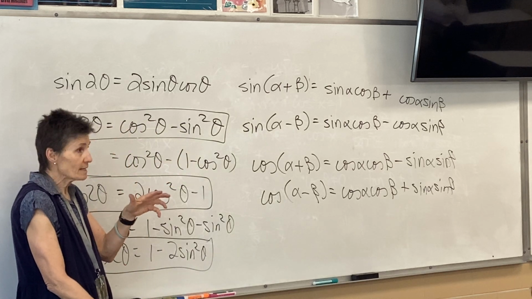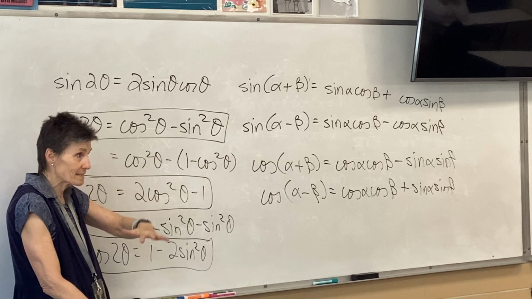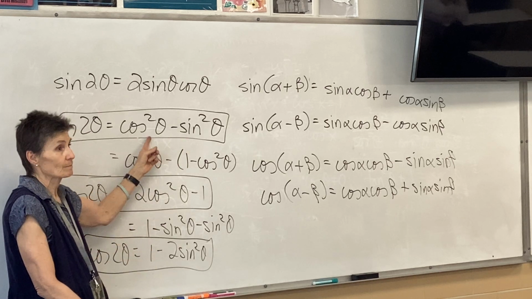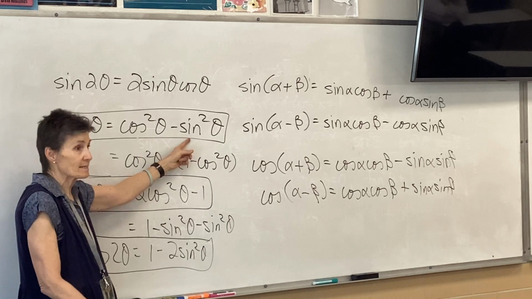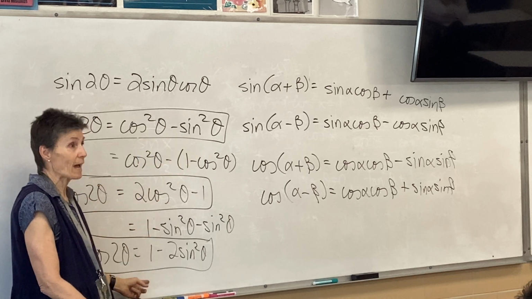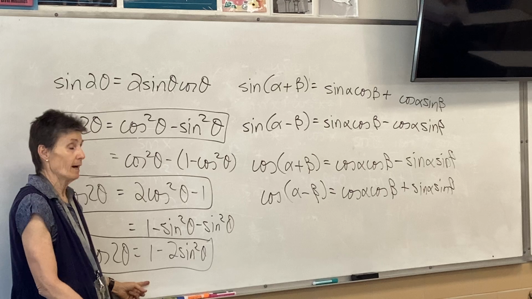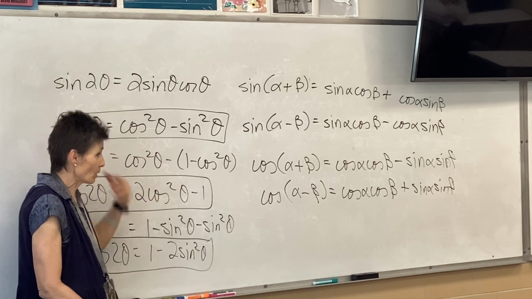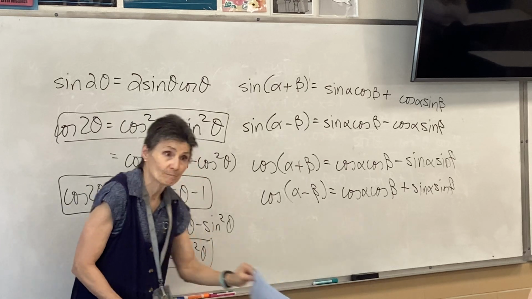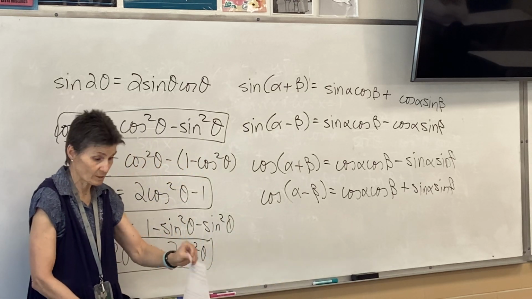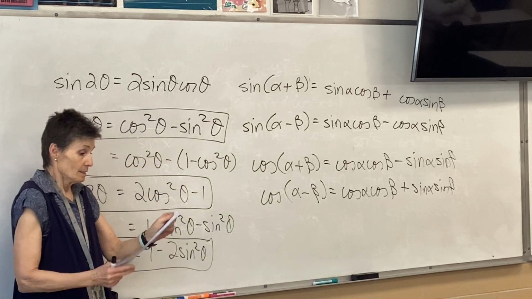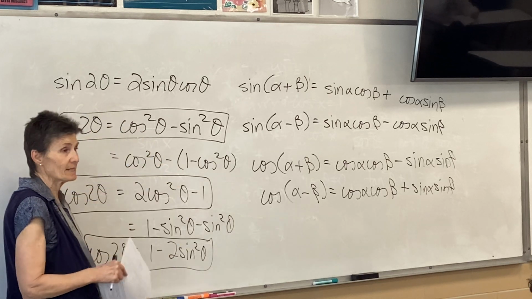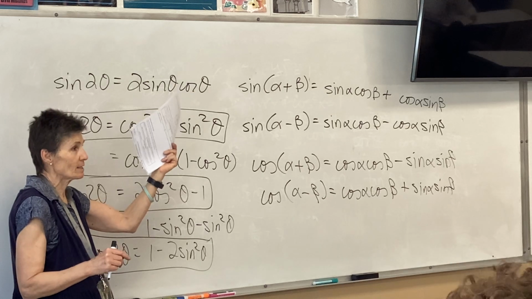Back in the old days, when all the kids had to memorize everything, I always said, memorize this one. Because if you memorize that one, can you figure these 2 out pretty easily? Yeah. But it's up to you. If you're a good memorizer, I know all of them. Then you need to know one: the double angle cosine. You're just gonna memorize it.